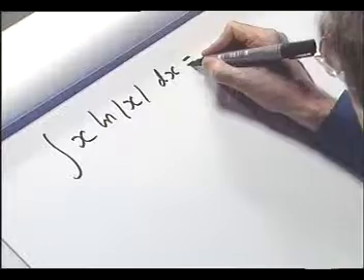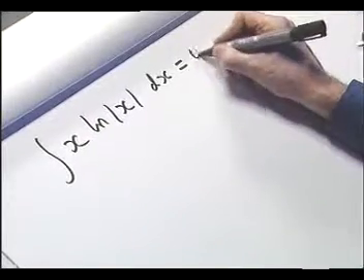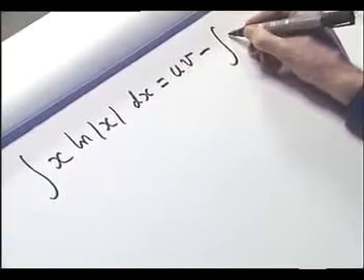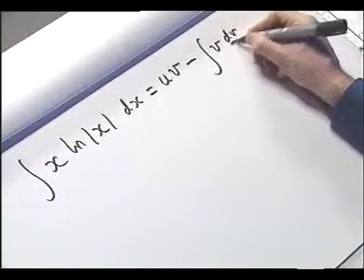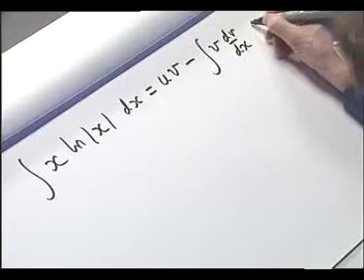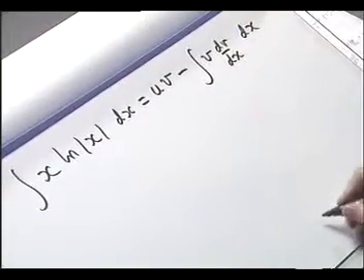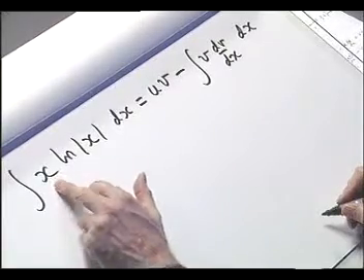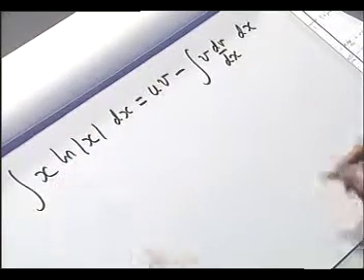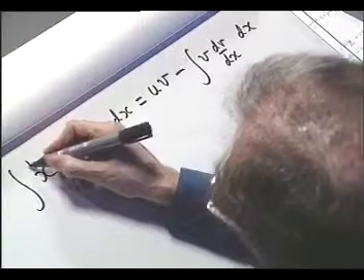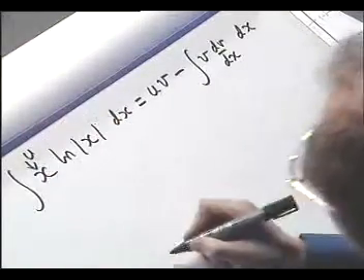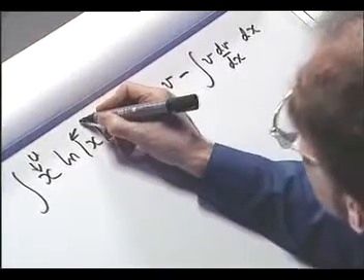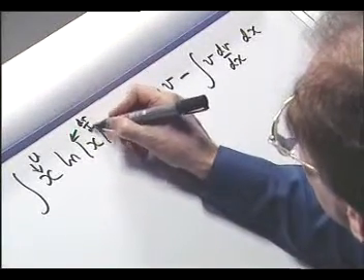Let's write down the formula that we've got for integration by parts and think it through. Our natural instinct would be to choose x to be u. So let's do that. So x is u, and the log of x to be dv by dx.